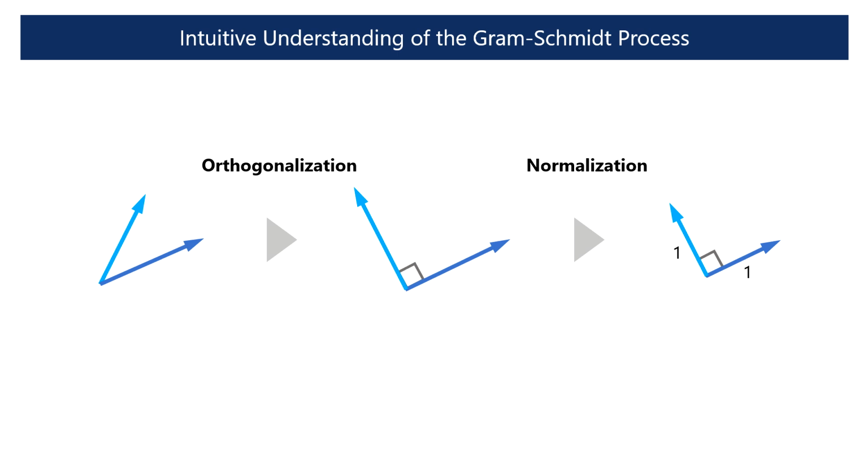Let's get an intuitive understanding. The Gram-Schmidt process is a method to transform a set of linearly independent vectors into mutually orthogonal vectors. By further normalizing this orthogonal basis, we obtain a set of orthonormal vectors, where each vector has a length of 1.